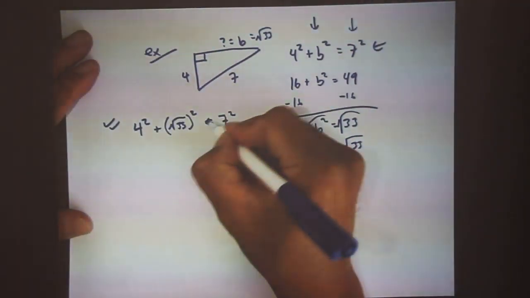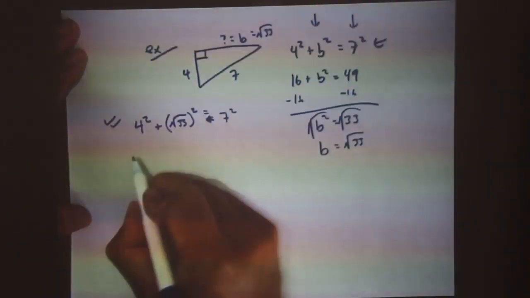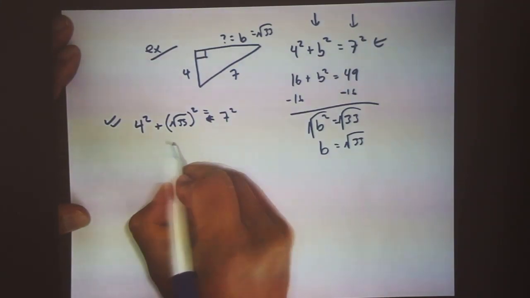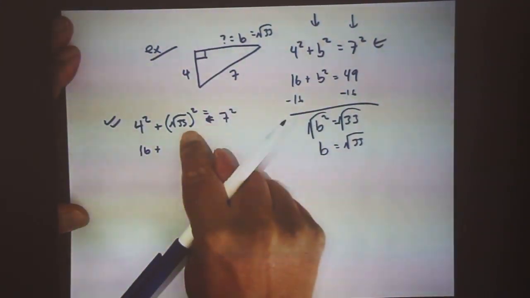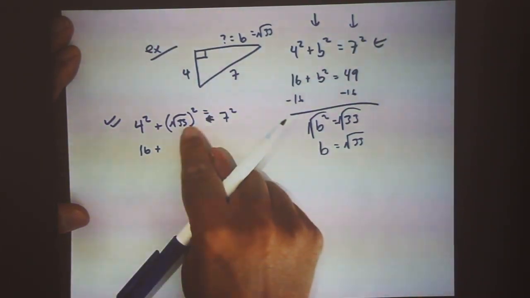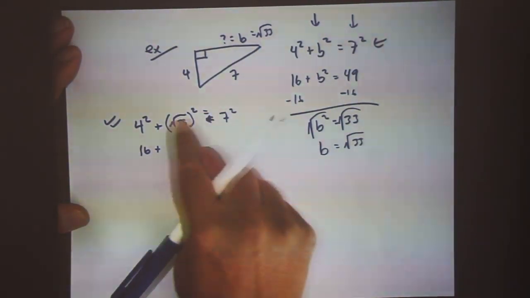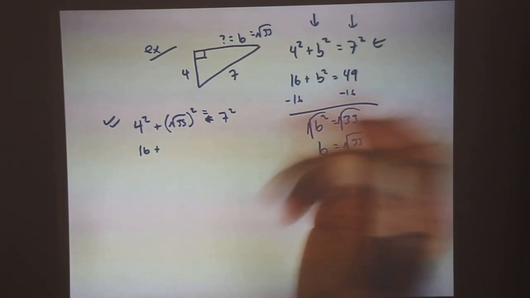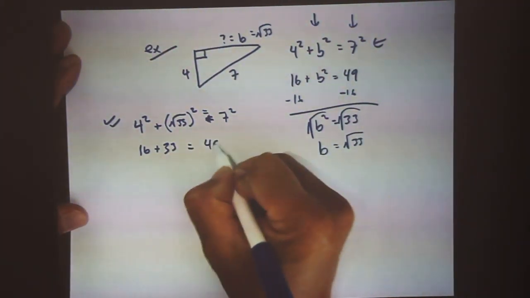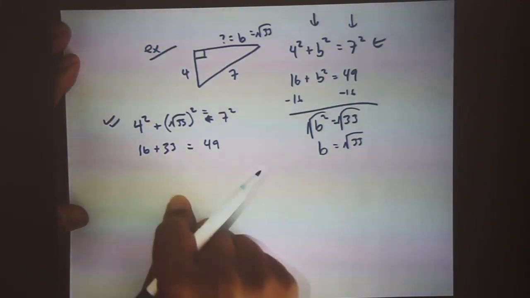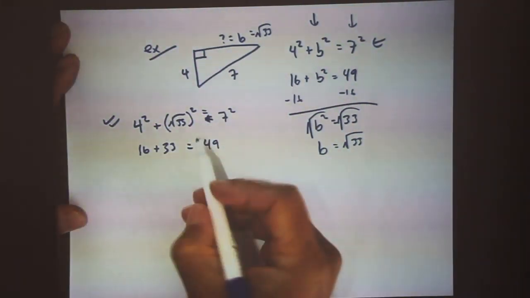This is an equal sign. And it does satisfy the equation in that, well, 4 squared is 16 plus, if I were to take the square of the square root of 33, square roots and squares undo each other, if you will, so we're just left with 33. When we check things, we only work one side of the equation.